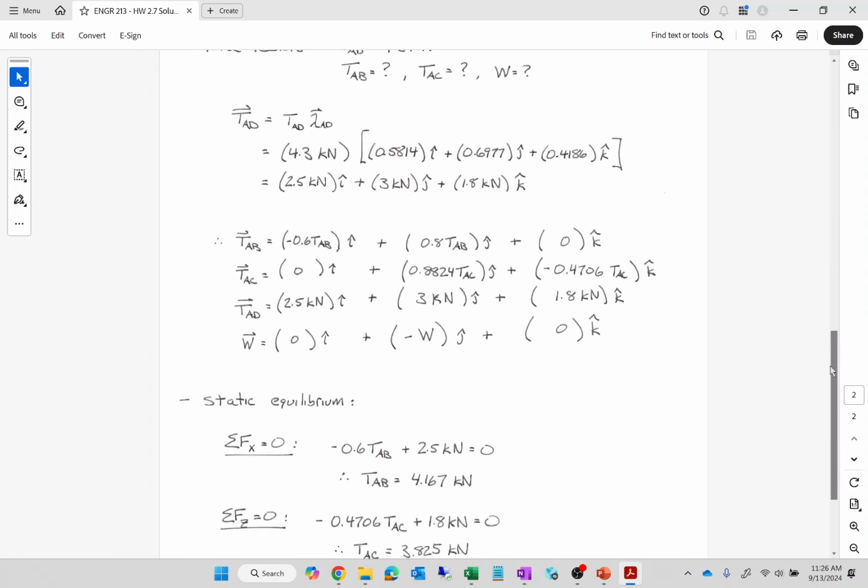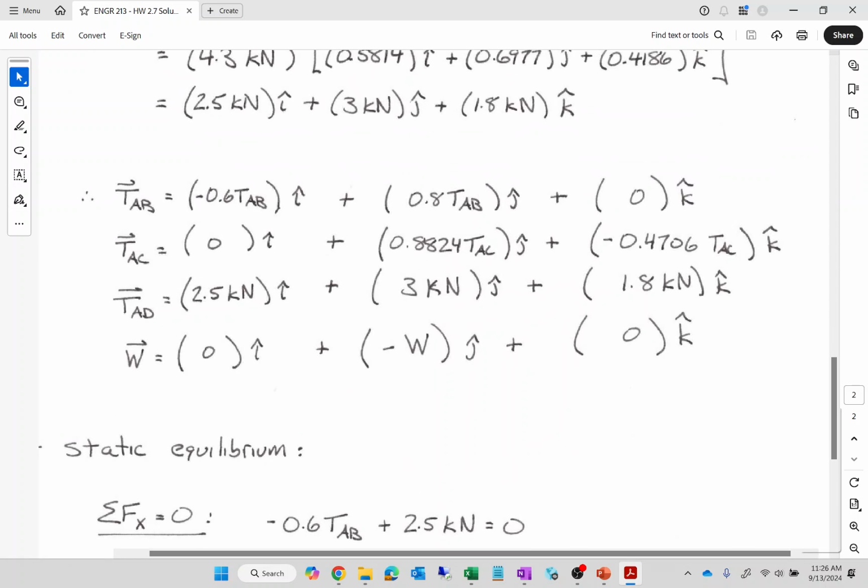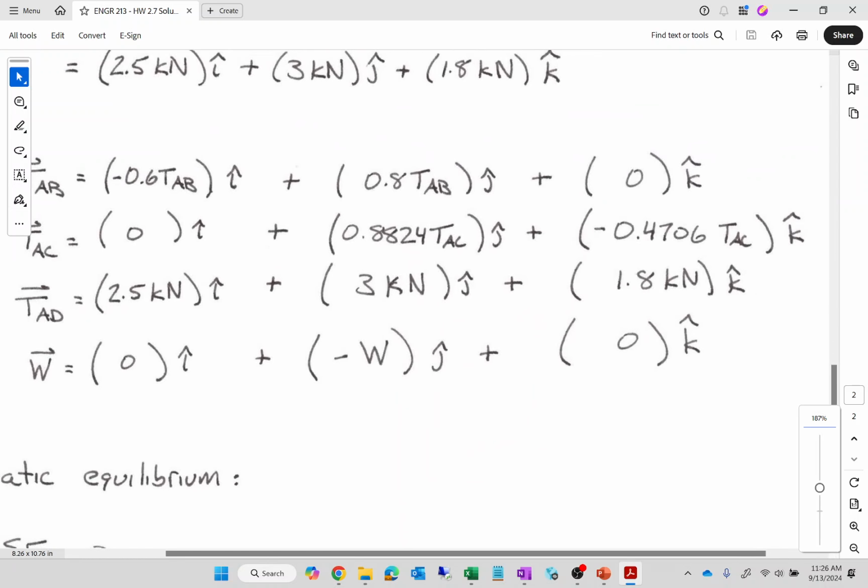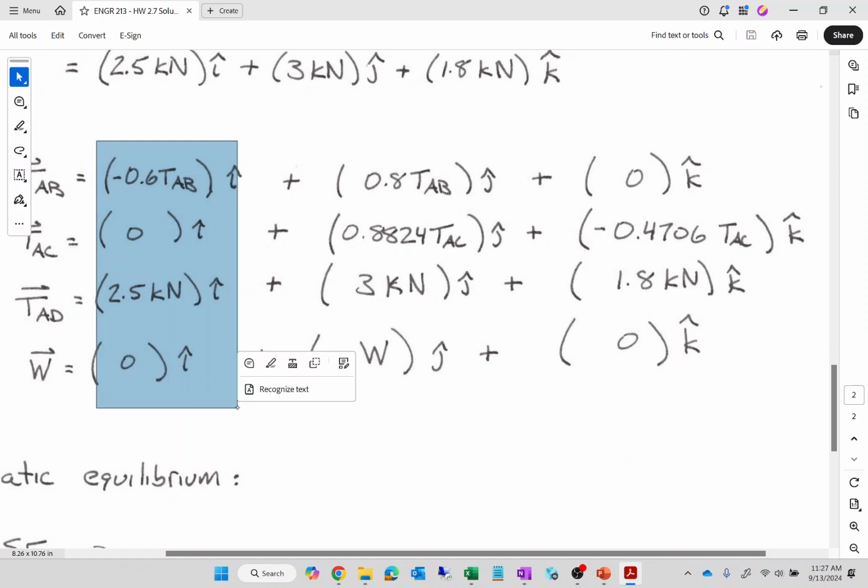Here's what I'll say. When you get to this point, you have 4 vectors that are defined. So what you can do is sum forces in the x direction, sum this, okay? And then your matrix is going to look something like this. Let's take this first equation right here.